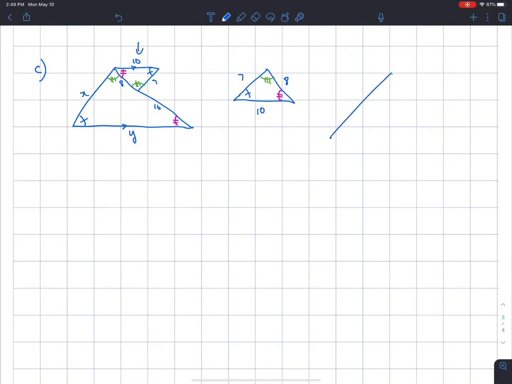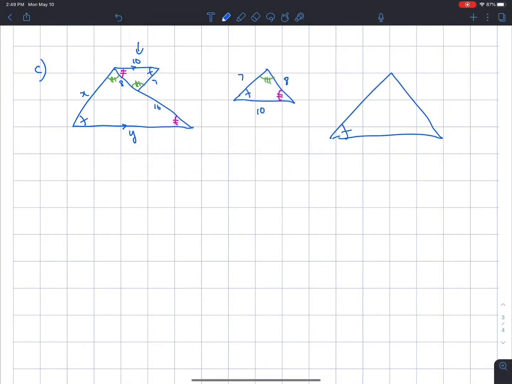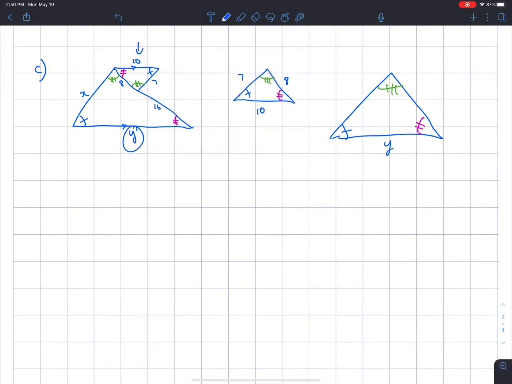And then the other one, the bigger one, has angle 1, angle 2, angle 3, and angle 2. So that's y, that's x. And this is 16 plus 8, 24.